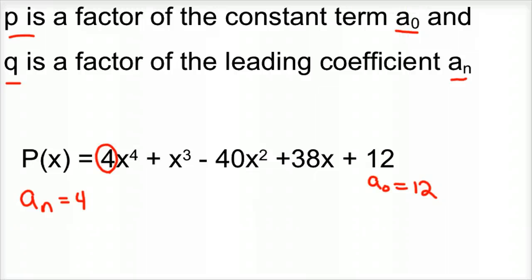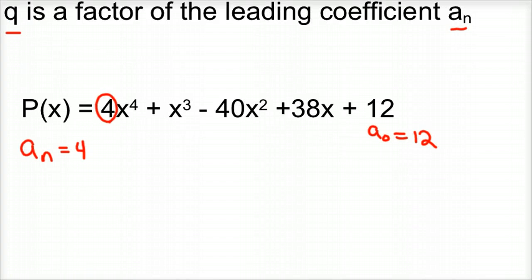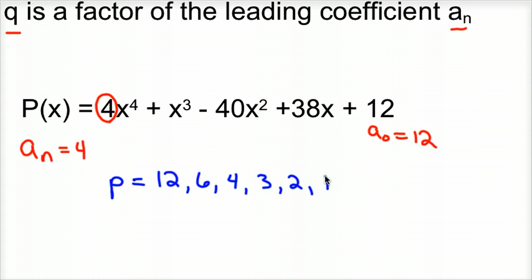So we just need to find all the factors of a sub 0, and we'll call those p. So p could be 12, 6, 4, 3, 2, or 1. Those are all the factors. And they also could be positive or negative. We'll talk about that in a second. q is all the factors of a sub n. Well, all those factors would be 4, 2, and 1. So those are all the factors of 4.